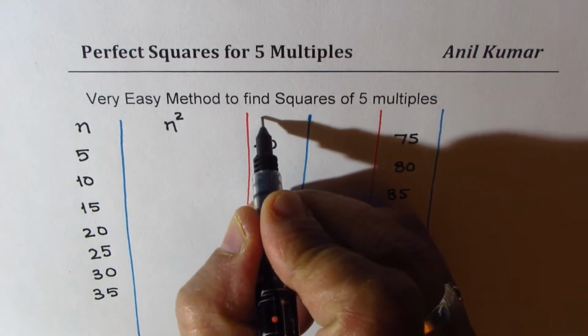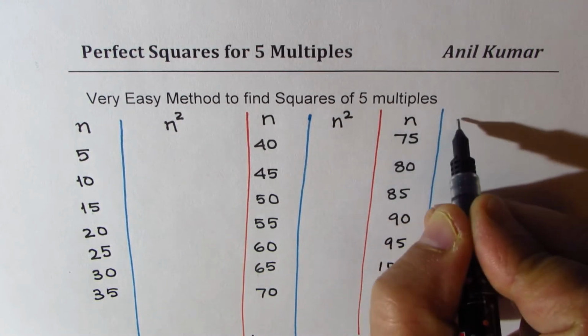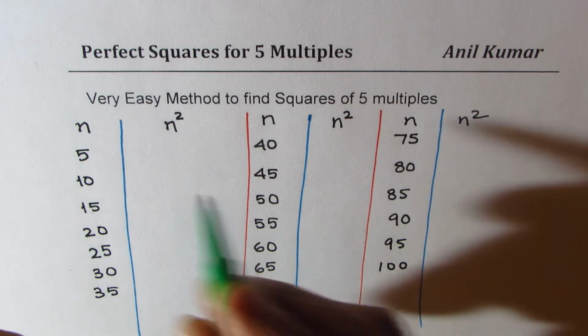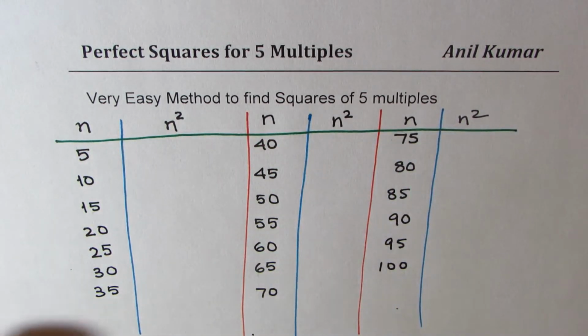So we'll make a list for all these numbers with their squares. N is the number and then we'll find the square of this number. Correct? This is a very interesting exercise. You can also make a table like this and work alongside.